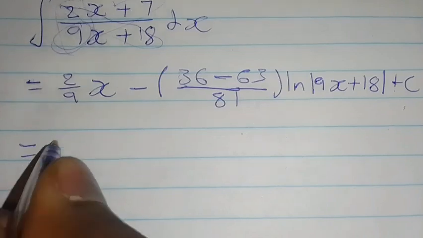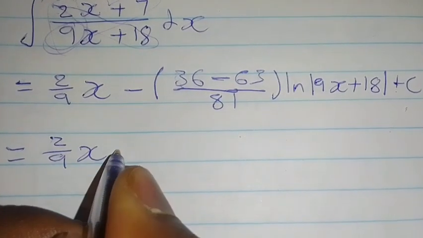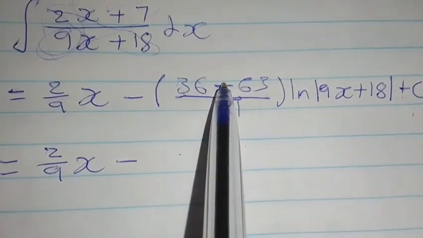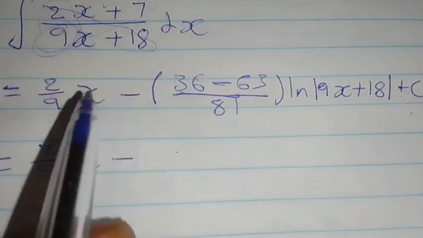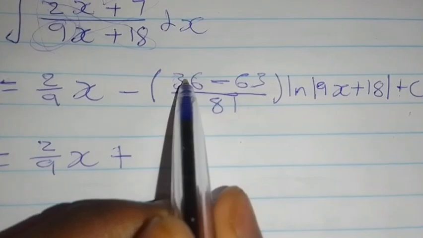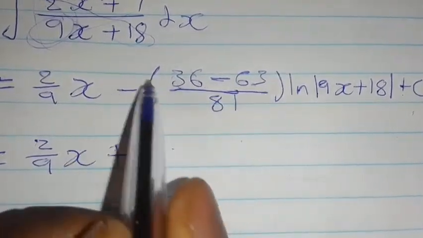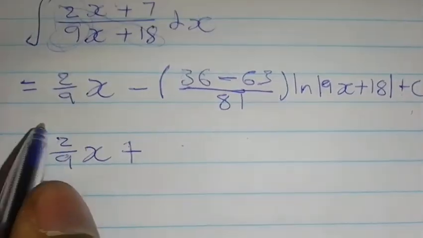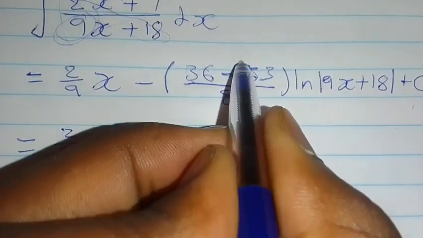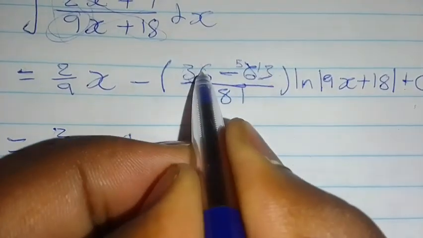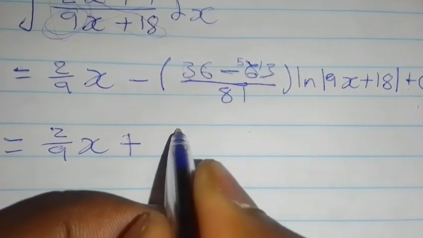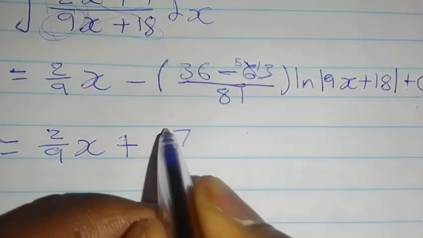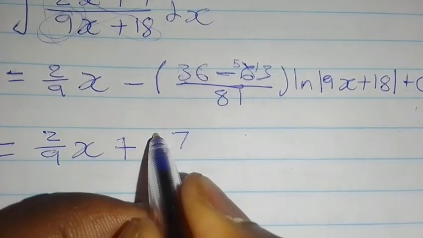Now from then, that means that you just have 2 over 9x minus, now 36 minus 63. Notice that 63 is greater than 36, so we can make this positive and just say 63 minus 36, because of this negative right here. So 63 minus 36. Notice that we can say 13 minus 6, that's going to be 7, and 5 minus 3, that's going to equal 2.